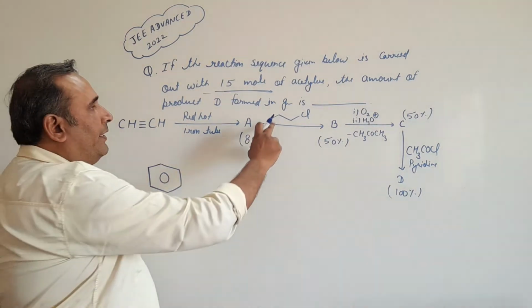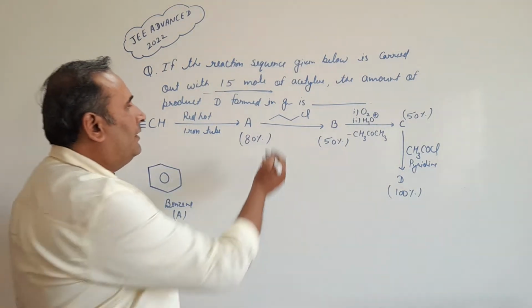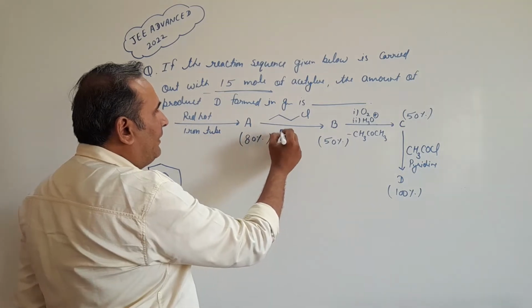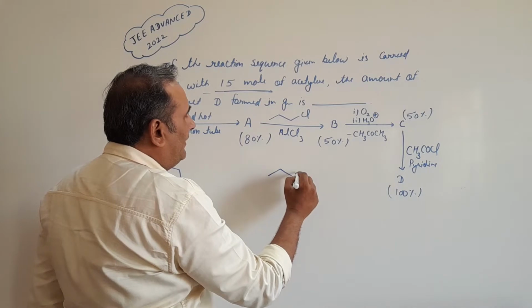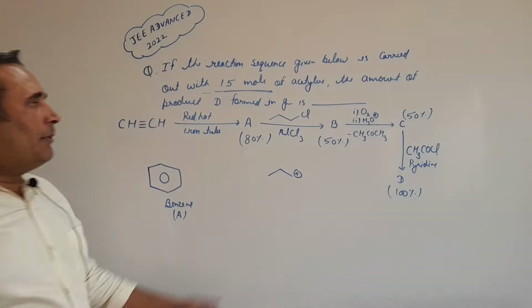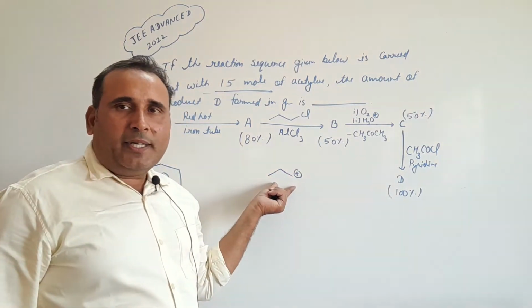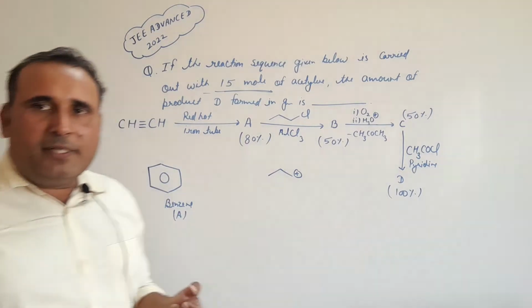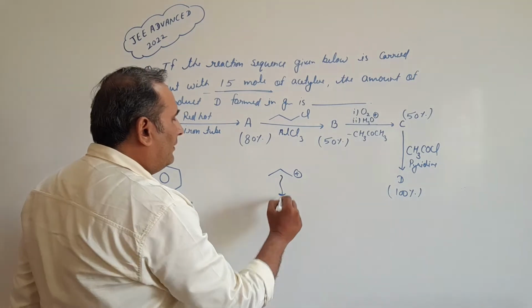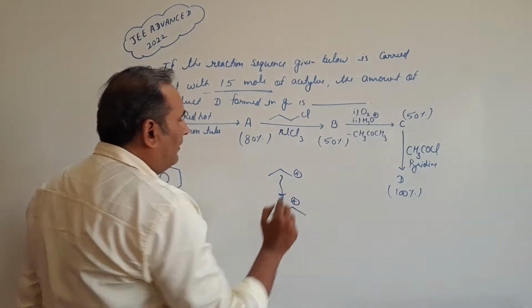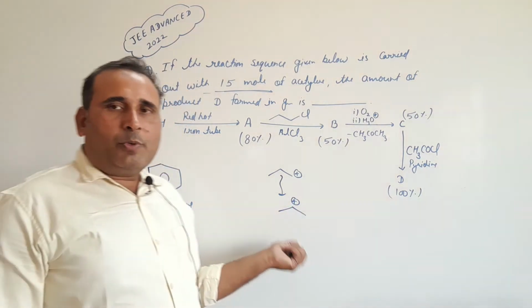When we react benzene with propyl chloride in the presence of AlCl3, we get an electrophile, a carbocation, but it is a 1 degree carbocation. Due to higher stability, that 1 degree carbocation gets converted into a 2 degree carbocation, the isopropyl carbocation.